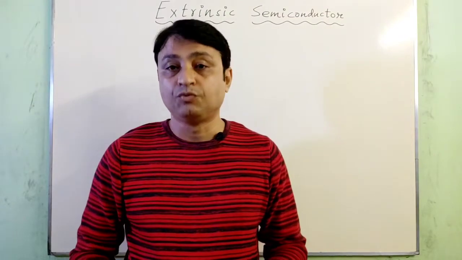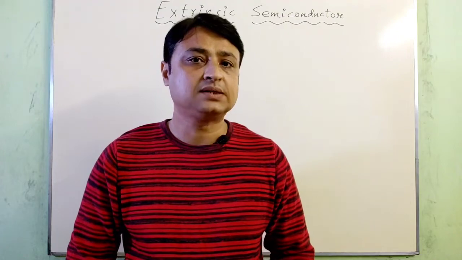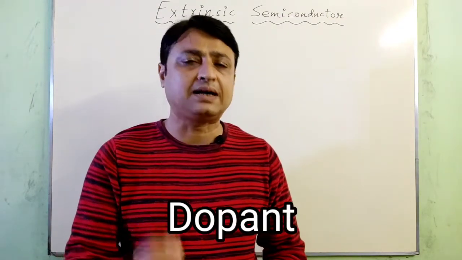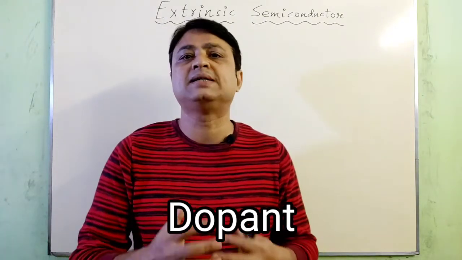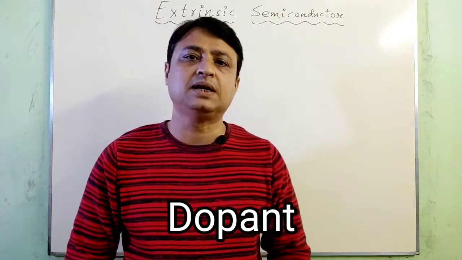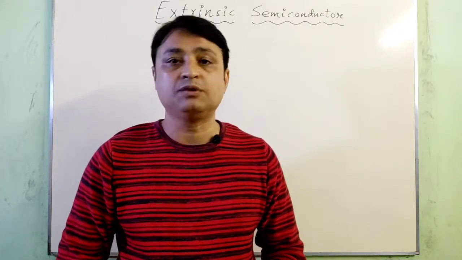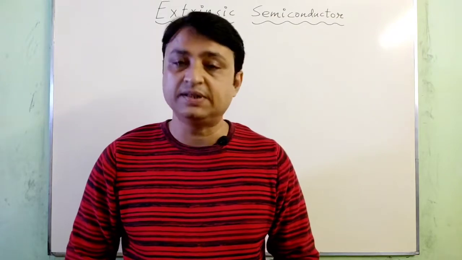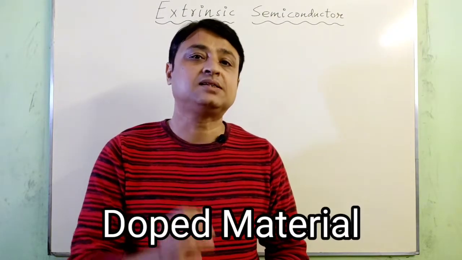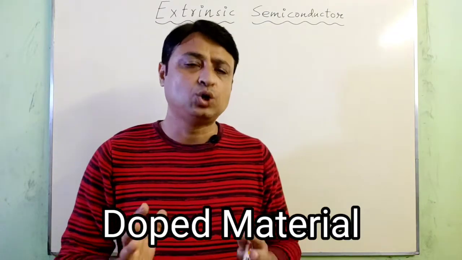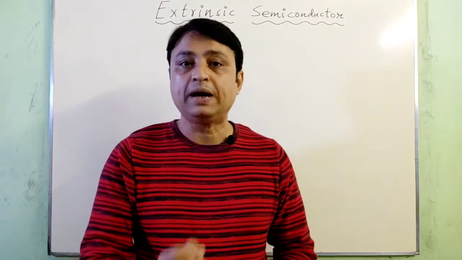The impurities which are added to this intrinsic material are known as the dopant materials, or the atoms which are introduced inside the intrinsic semiconductor to make it an extrinsic material are the dopant atoms. And the pure semiconductor which has turned into an extrinsic material is the doped material. So an extrinsic semiconductor is a doped semiconductor where we have introduced the dopant atoms.